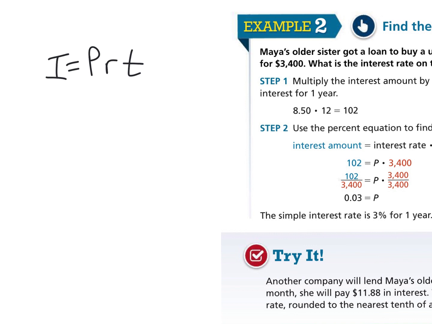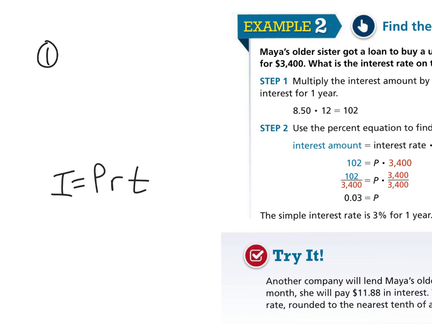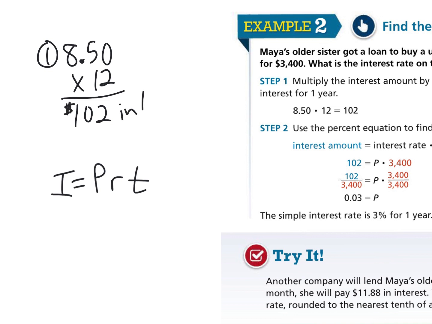Okay, so first of all, sorry, before we use our formula here, it said $8.50 interest every month. So in a year, like the book did, we would multiply that by 12, which tells us we have $102 that we're going to pay in interest over the year.